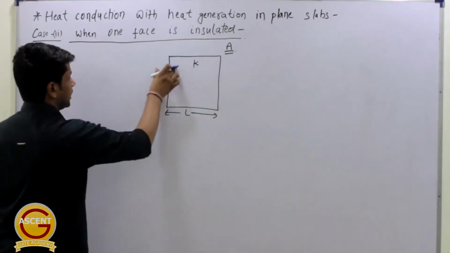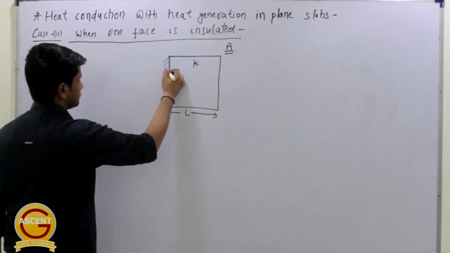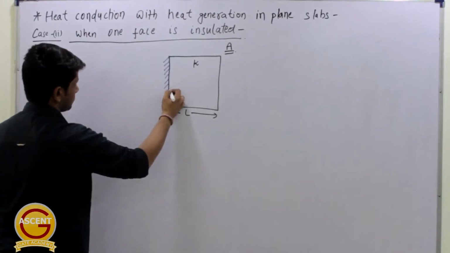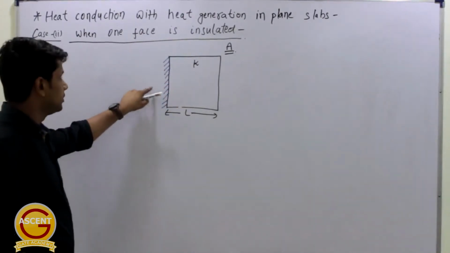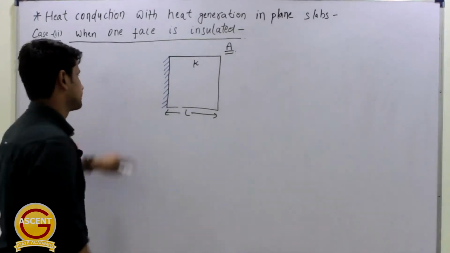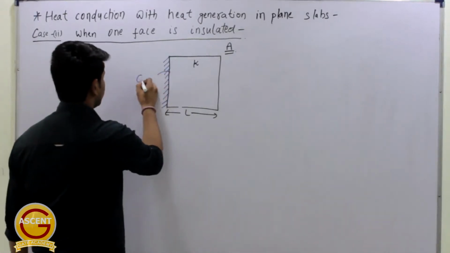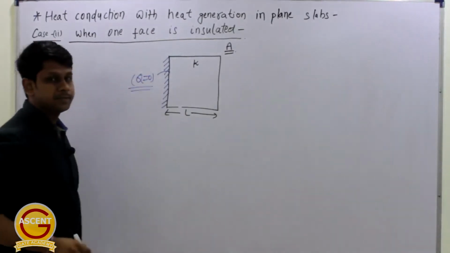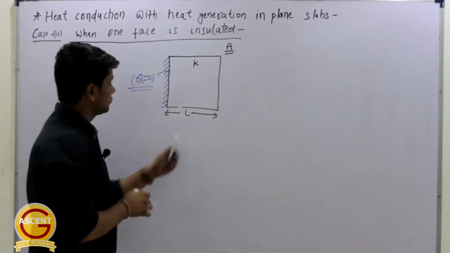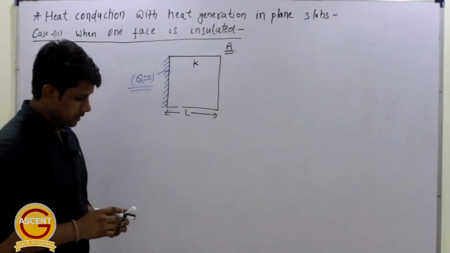So let's say the left face is insulated. So insulated means there will be no heat transfer from this face. So from here Q will be equal to 0, right? And there is a uniform heat generation also.